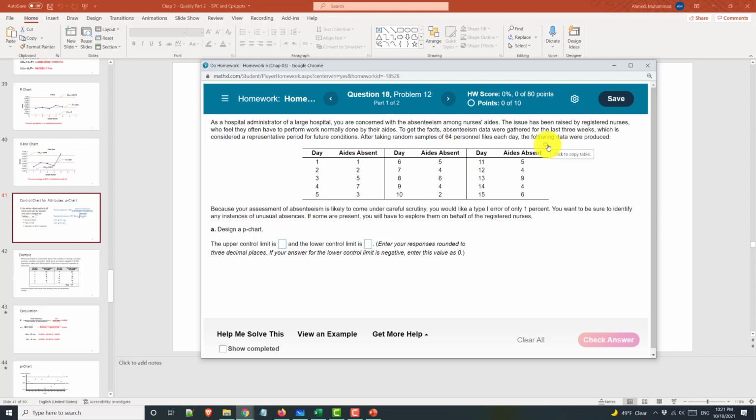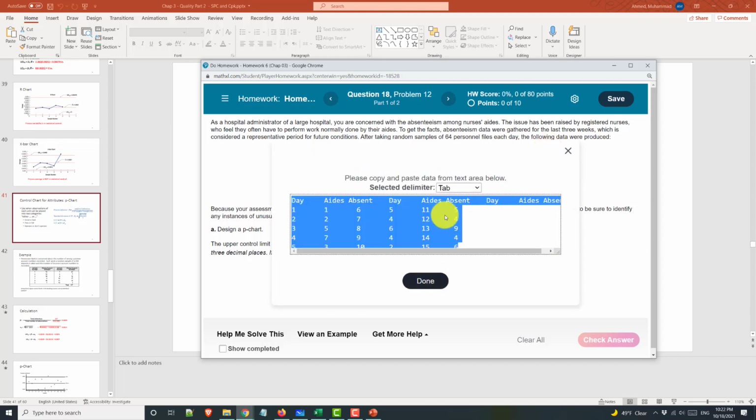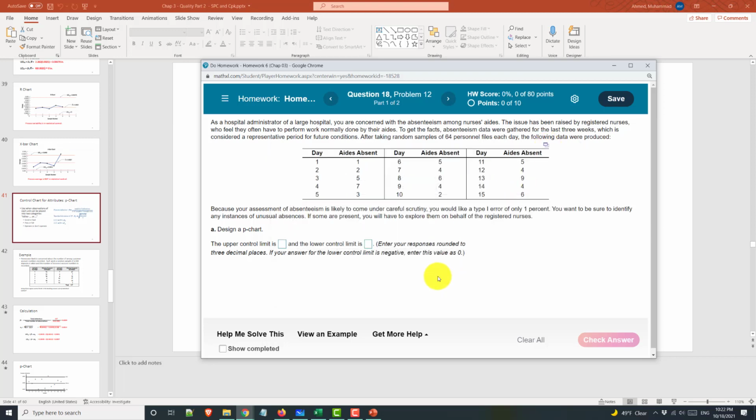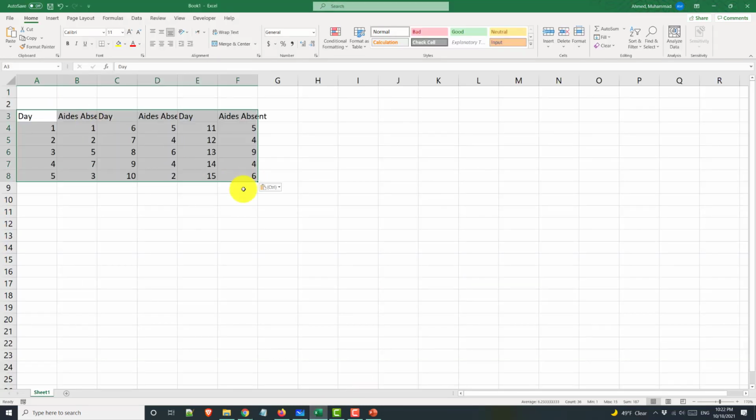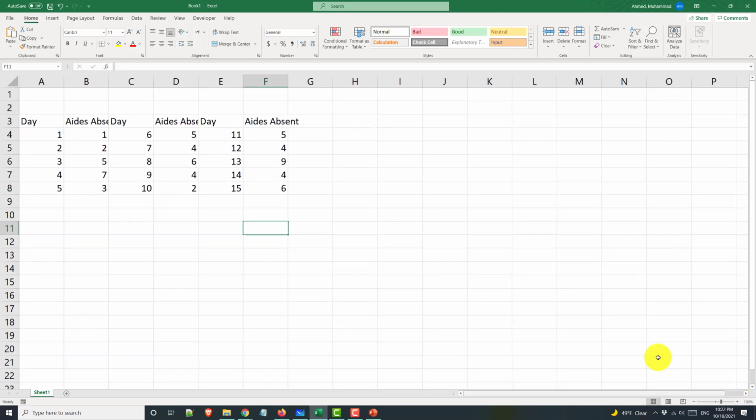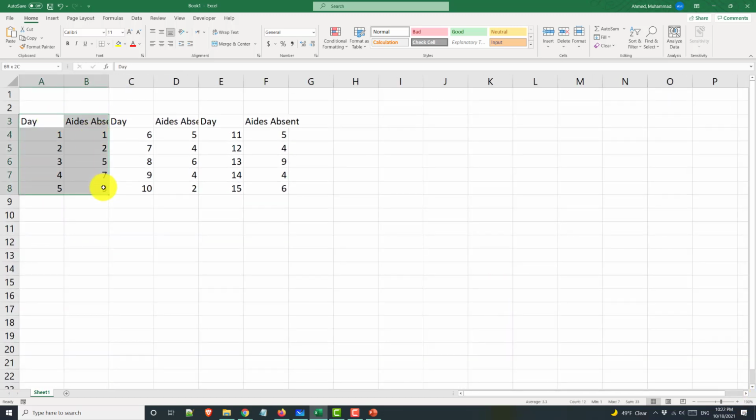Now, to get the data into Excel to actually make the p-chart, we can click this button and copy the data by Control-C or Command-C, depending on using Windows or Mac, and lo and behold, we have the data. Now, you have all of these columns because the data is in wide format.